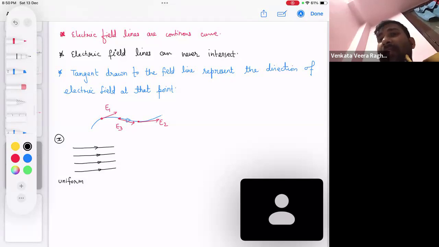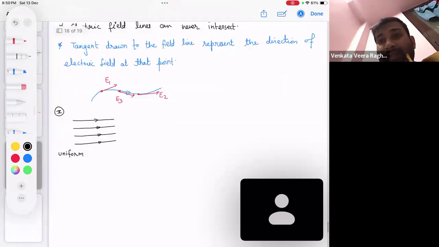So that means these electric field lines are representing uniform magnitude and always the same direction. Okay, so this is called uniform electric field representation. Matlab, what is constant?